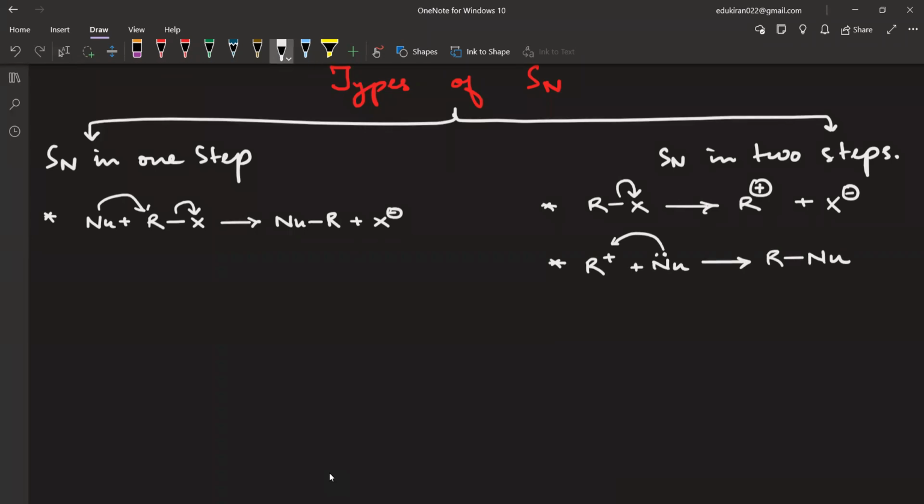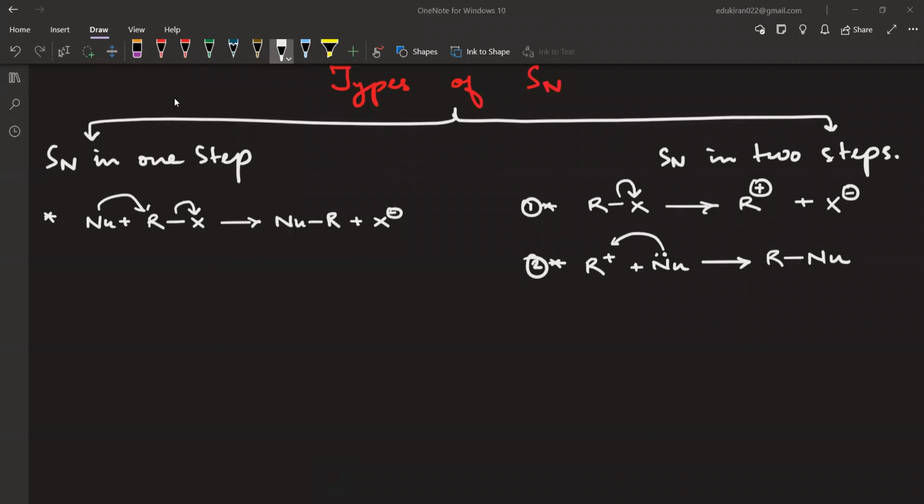Now if we see the rate of the reaction in these two reactions, that means how fast the reaction is happening. In this first step and second step, which do you think is going to be slower? The first step or second step?